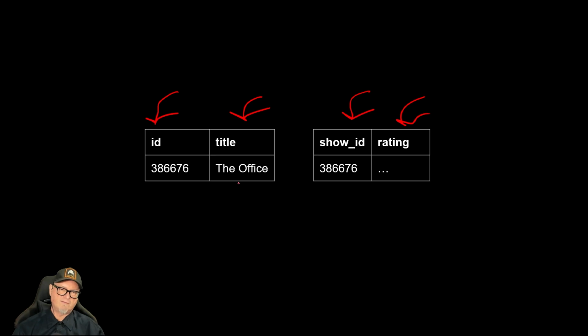But actually, if we looked at the rating table, this doesn't really help us to have the show ID. We really want to pair the rating, whatever it is, with the actual title. And so to do that, we would need to perform a join operation on these two tables to bring title and rating together based on that key value of ID and show ID.